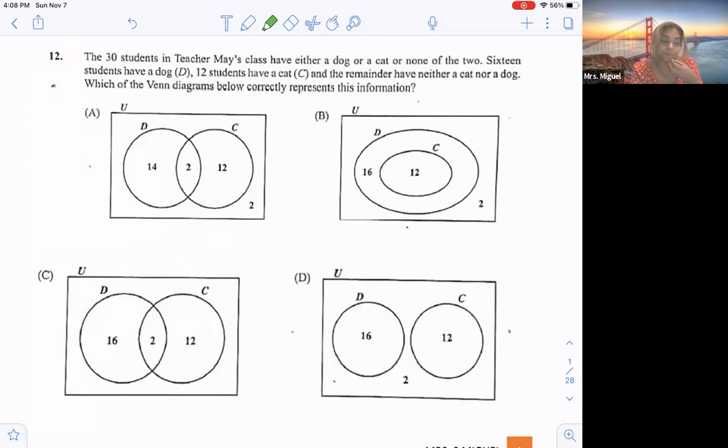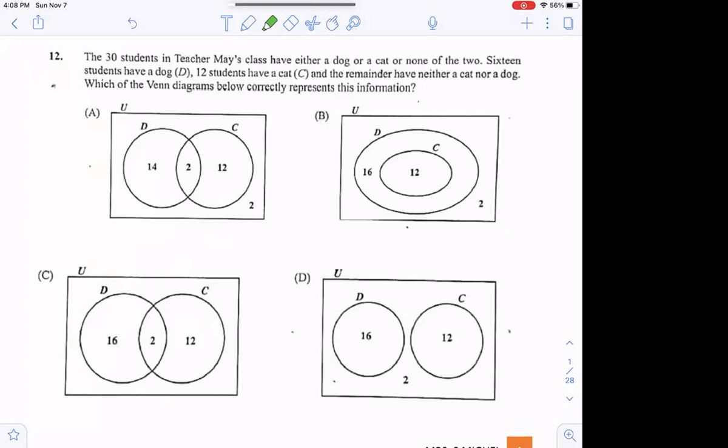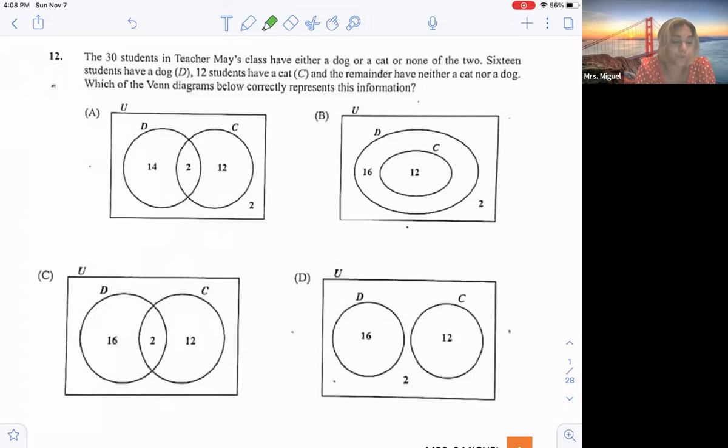So let's see. There are 30 of them. They either have a cat or a dog or none of the two. 16 students have a dog, 12 students have a cat, and of the remainder, they neither have a cat nor a dog.